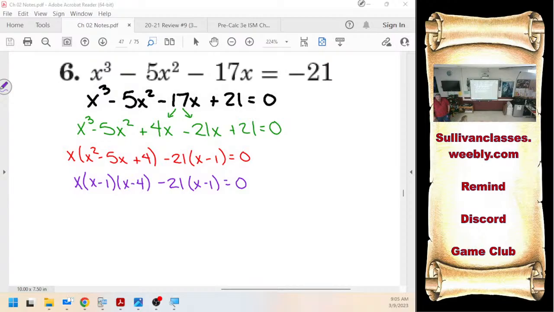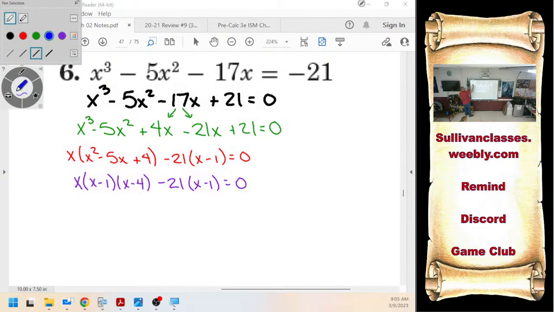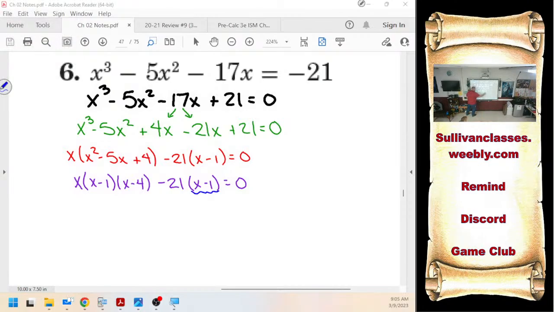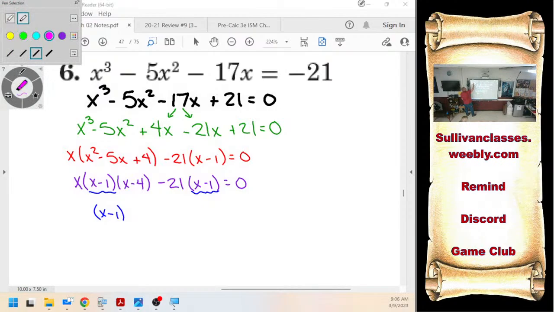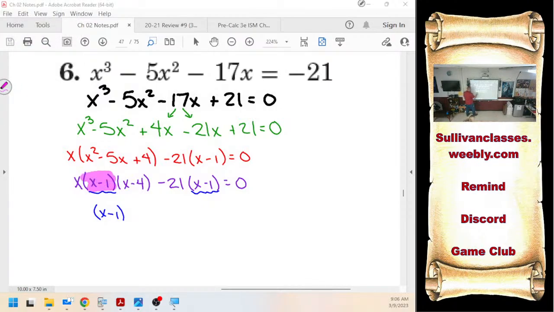There's a pair of x minus 1s. This x minus 1 and this x minus 1 come out. But you have to be careful about what is now left. If this goes away and this goes away, this is an x with still an x minus 4.